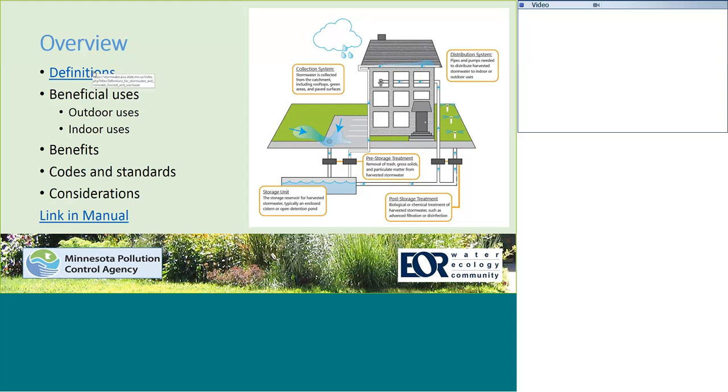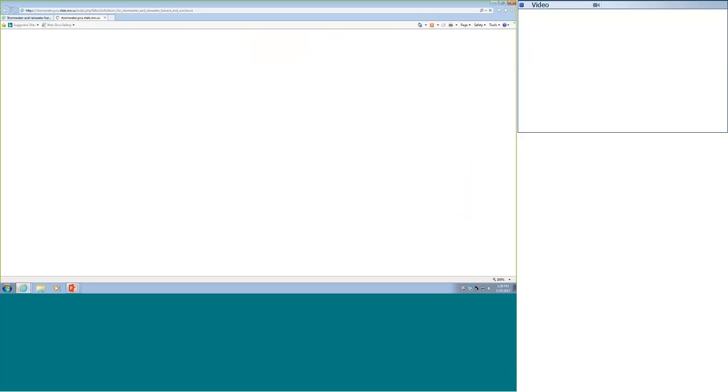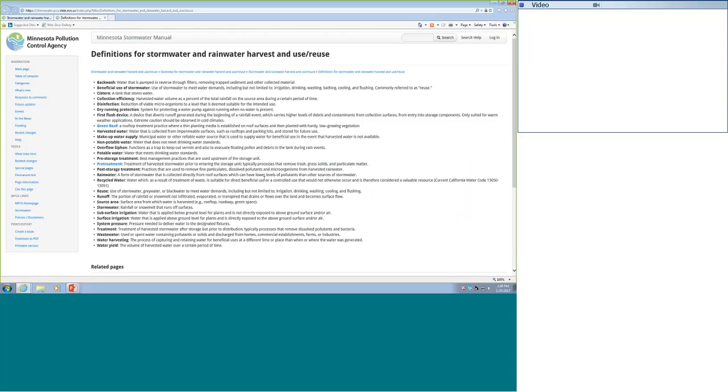So, let me just interject in terms of definitions and in the title of the entire section. I think it's worth noting that around the nation and the continent, there's still some terminology questions, what pertains to what. A lot of times rainwater is considered something that might be caught on a rooftop, but is not interacted with the parking lot or the ground. Stormwater would be a more generic term for any of those sort of water sources, and we wanted to make sure we covered all of that in this manual.